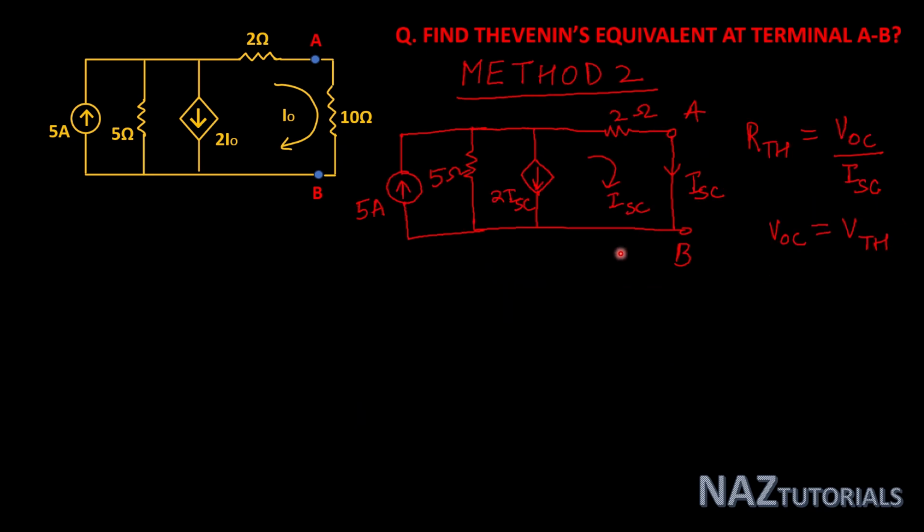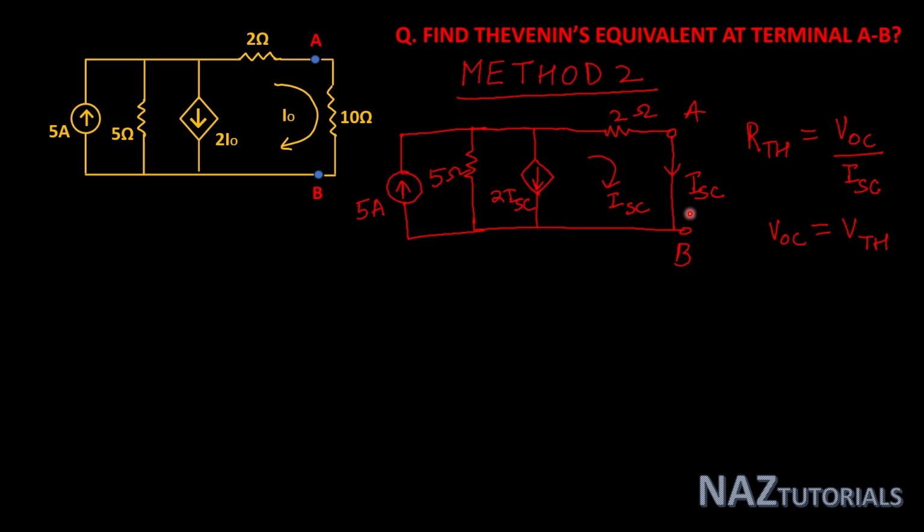This is our method 2, where RTH is defined as open circuit voltage divided by short circuit current. Open circuit voltage is basically the Thevenin's voltage as you calculated in the circuit, and the short circuit current is what flows if you remove the load and the load terminal becomes short circuited, and this current is defined as short circuit current.